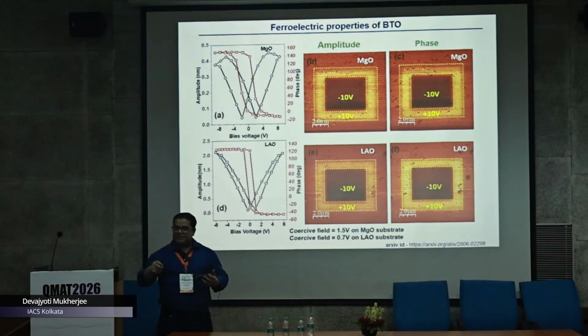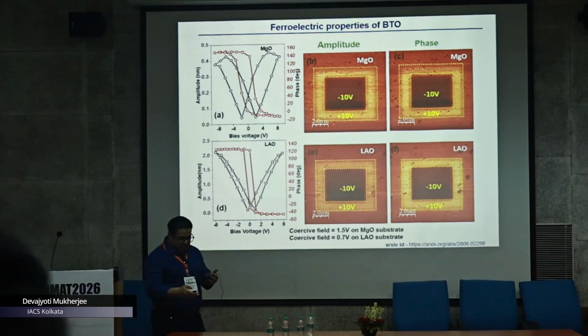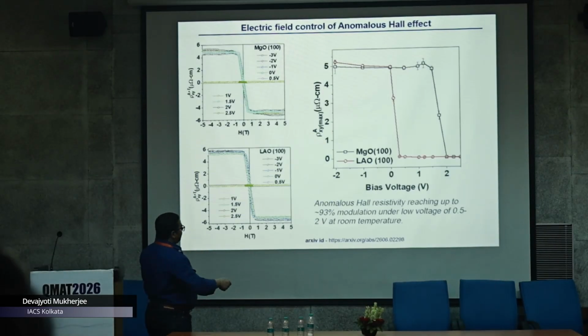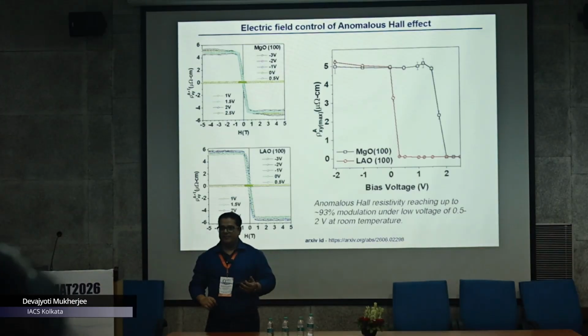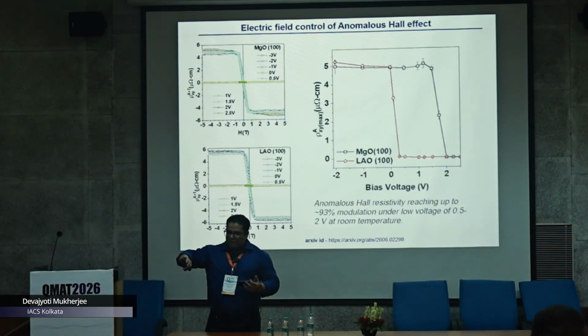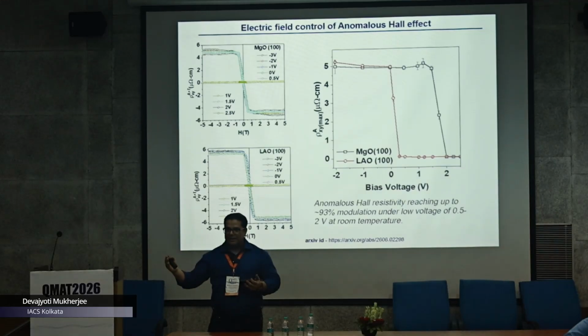So in one case, this change in the polarization of BTO should happen at low voltage, and in one case it should happen at large voltage. This is exactly what you're seeing in this graph. Here it is happening at 0.6, 0.5, and here it's happening around 2. So it is related to the coercive field of this barium titanate layer, because when you have a coercive field, the moments change direction, right?